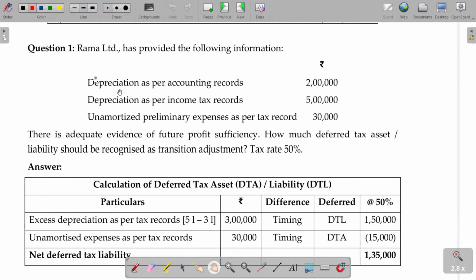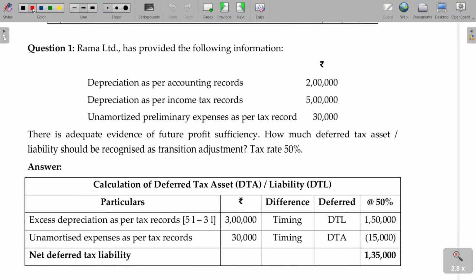Question number 1. Rama Limited has provided the following information. Depreciation as per accounting records 2 lakhs. Depreciation as per income tax records 5 lakhs. Unamortized preliminary expenses as per the tax record 30,000.